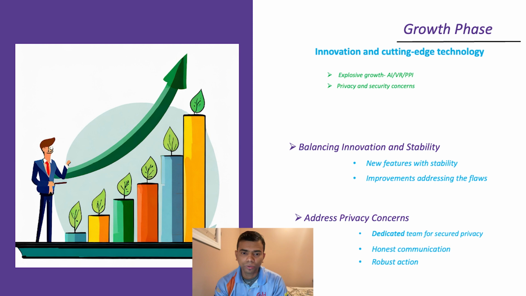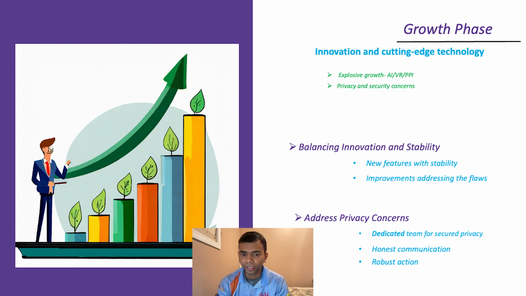The next challenge was that we had to address privacy concerns, not just in general, but concerns raised by a few governments like the United States, UK, and India as well. Based on these experiences, we further strengthened and created a robust team to address these concerns.